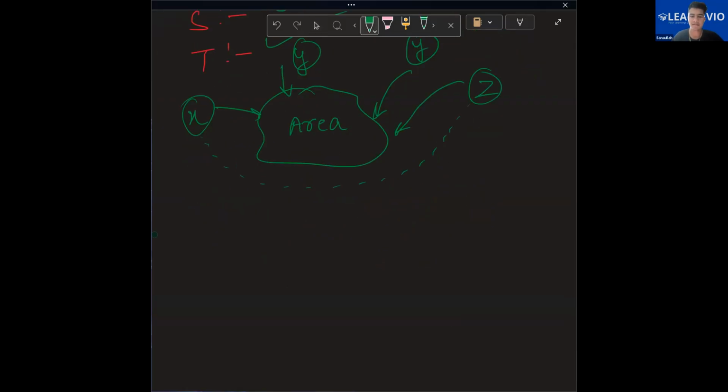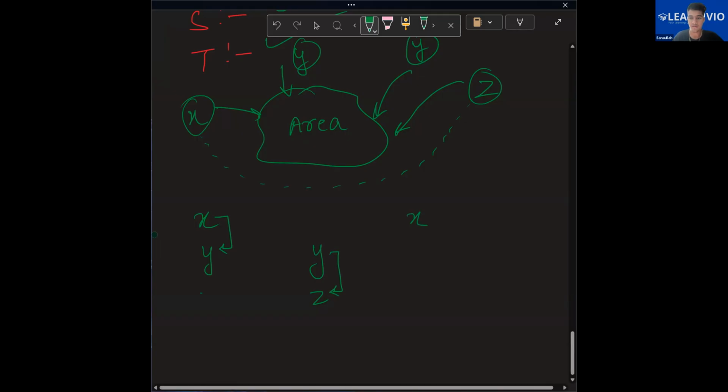That means if y is the father of x, and z is the father of y, then if we are talking about x and z, z cannot be the father of x because z is the grandfather, right? Understood?